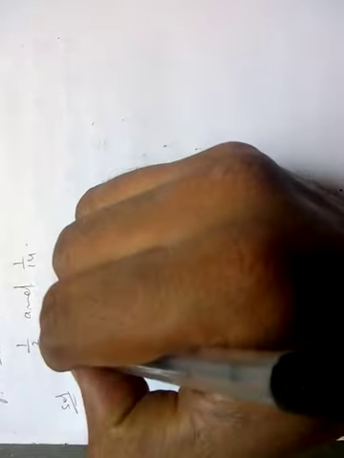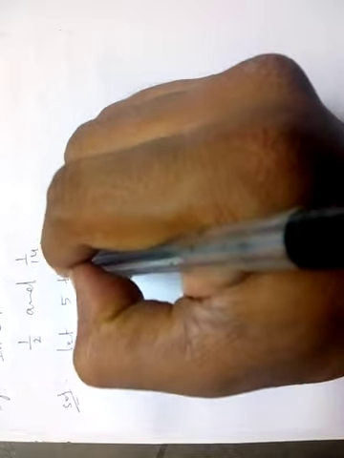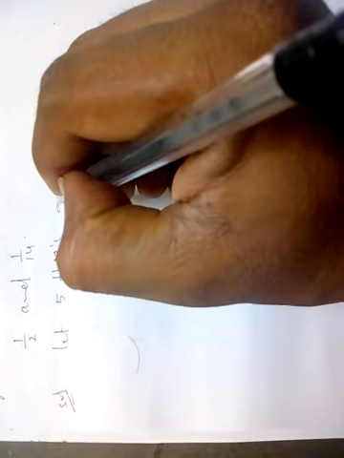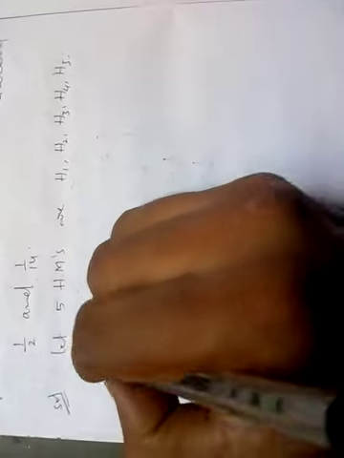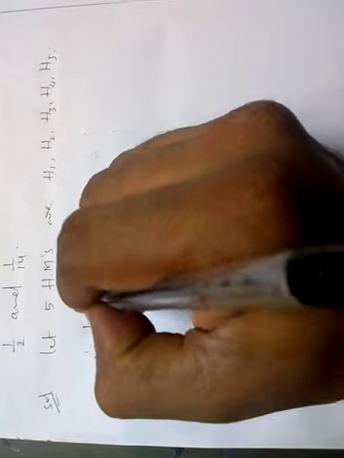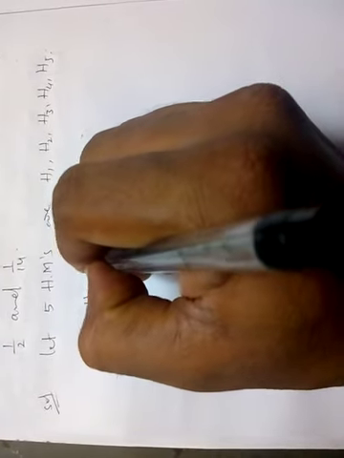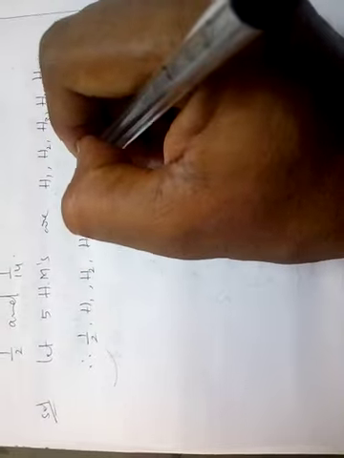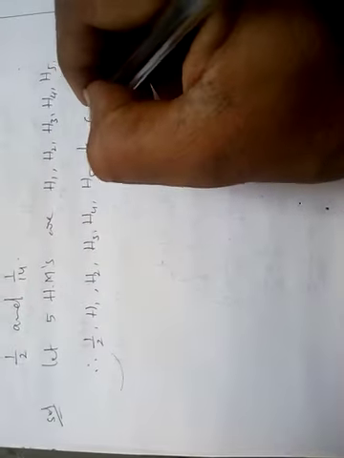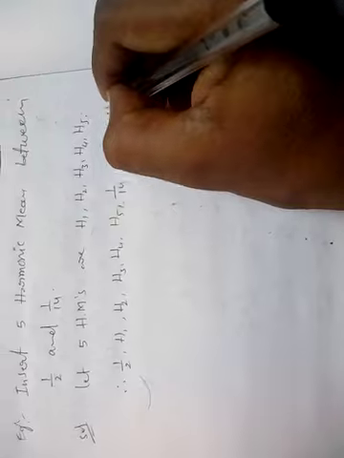Solution: let the 5 harmonic means be H1, H2, H3, H4, H5. Therefore 1/2, H1, H2, H3, H4, H5, 1/14 are in HP.